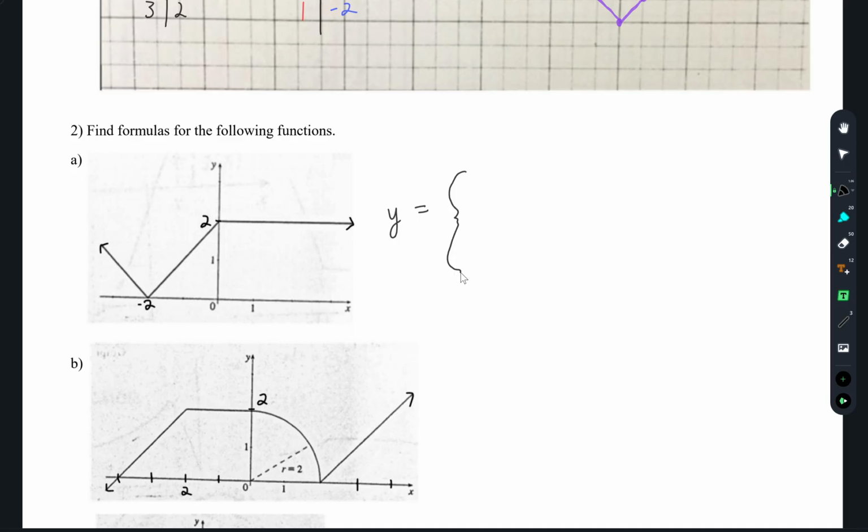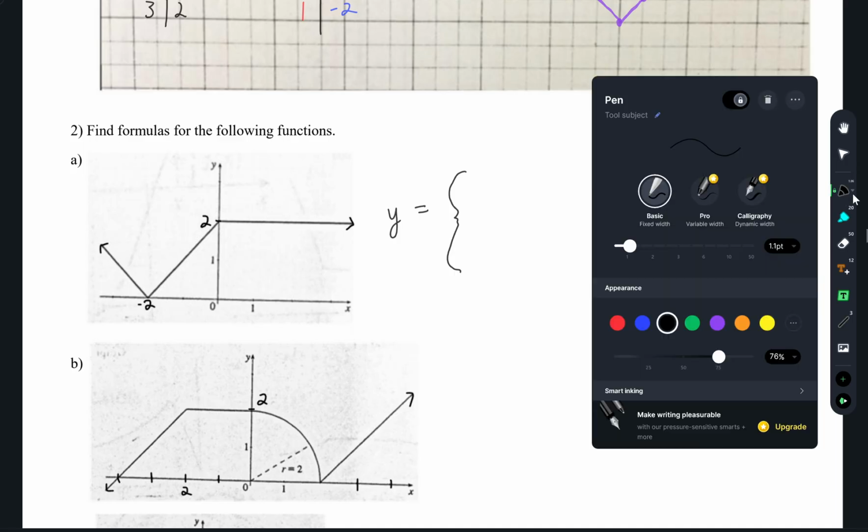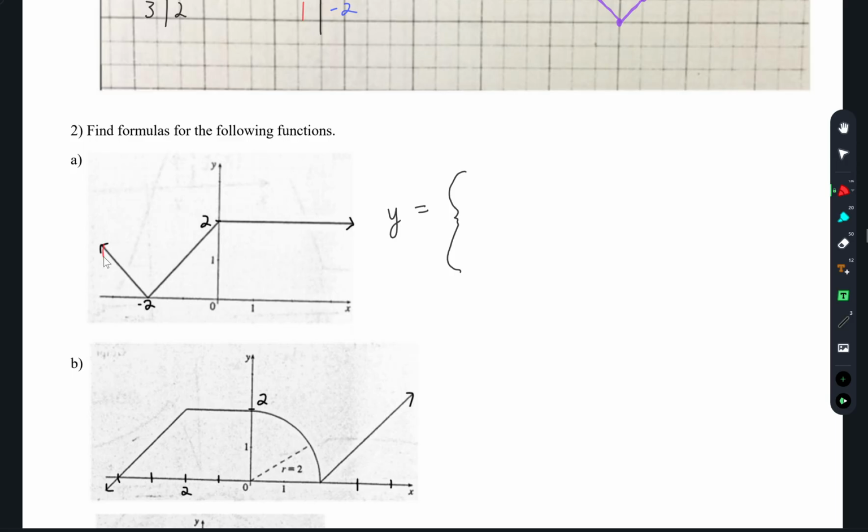So you work left to right. For this first one, actually you could do 3 equations, but I'm going to do 2 because we've got a good old absolute value graph here. It's like the V, but it's scooched over.